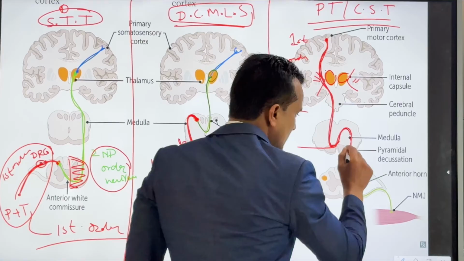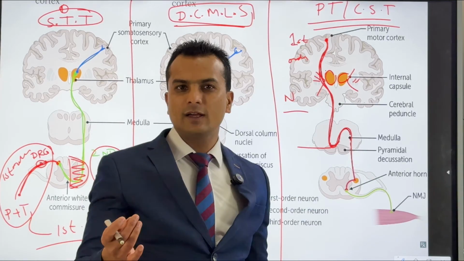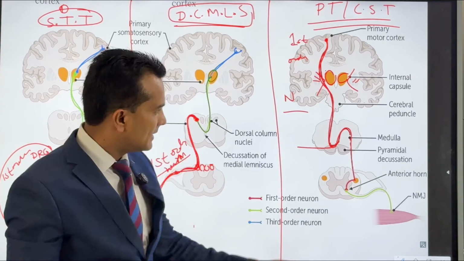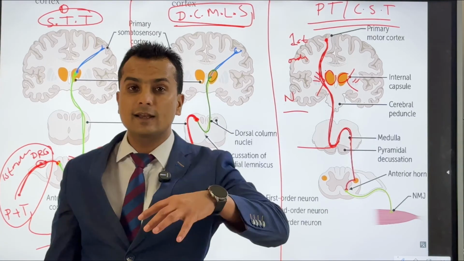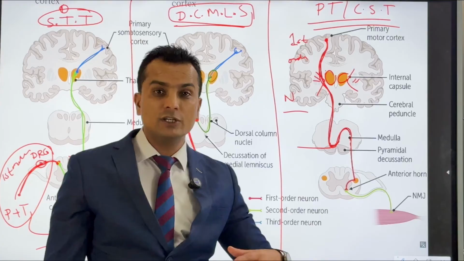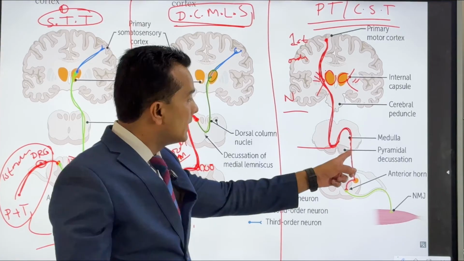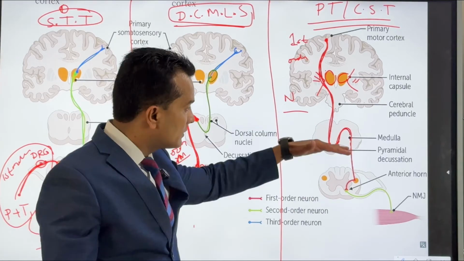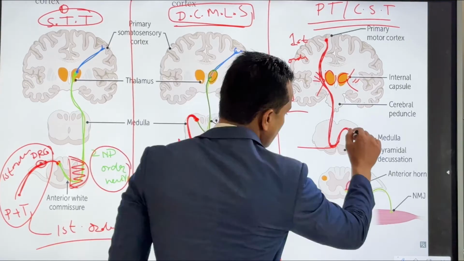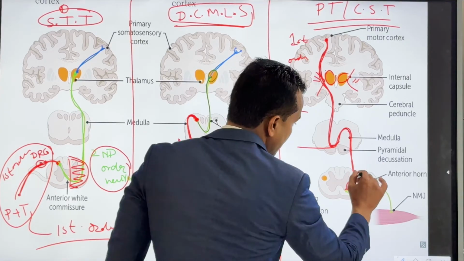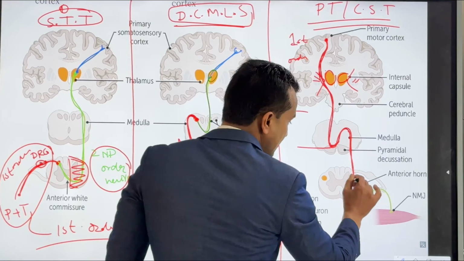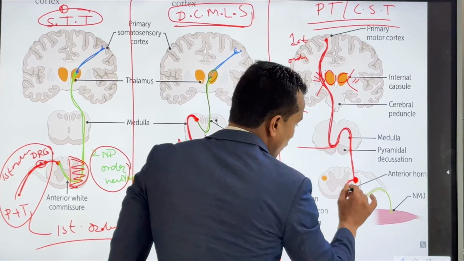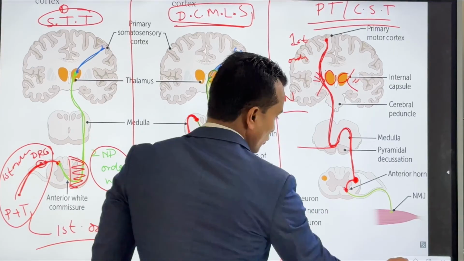Now, if you know the anatomy of the brainstem and the spinal cord, after the medulla there is the spinal cord. So it means it's going to enter the spinal cord. There is decussation at the level of the pyramidal medulla, at the lower end of the caudal medulla, and then it enters your spinal cord in the white matter, because this is a highly myelinated axon, and then it synapses in the ventral horn, which is the lower motor horn.